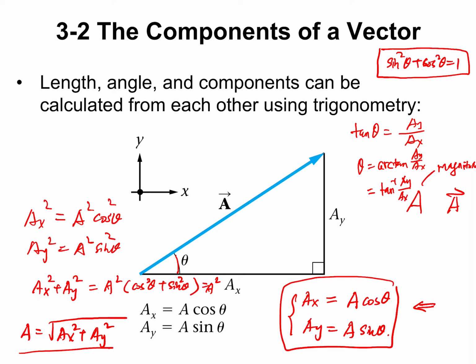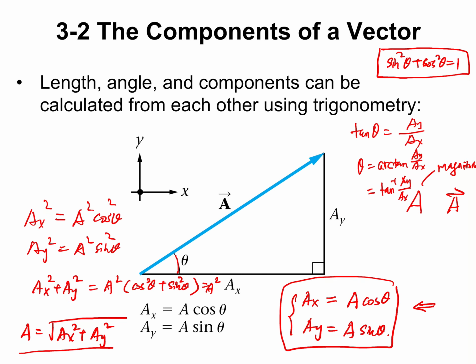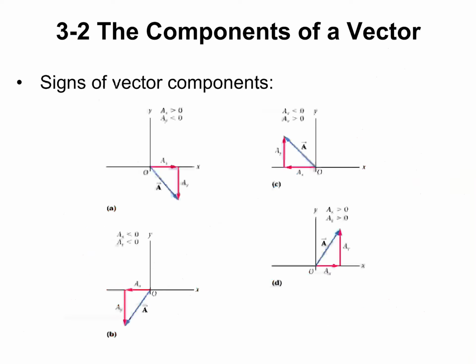Let me give you an example. Suppose I give a vector A with magnitude 20 meters per second, so this is a velocity vector, and direction theta of 60 degrees. So the vector is 20 meters per second at 60 degrees, and you go this way.